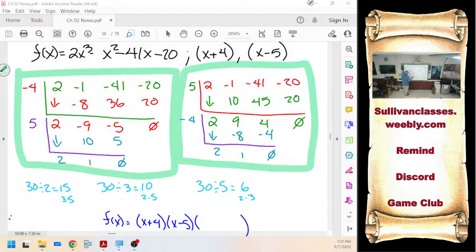Prove it. In both cases, didn't I find out that there's a 2x plus 1 left over? I'm not going to get to that 2x plus 1 if I divide them separately, because you couldn't do it again. I will show that they are both factors, but I won't get to the resultant.